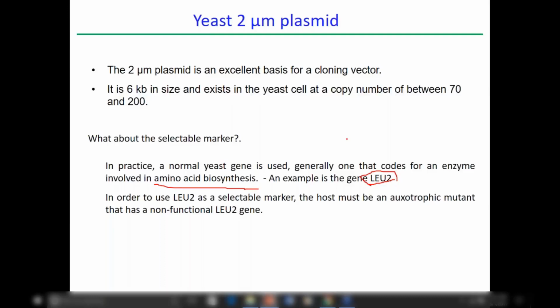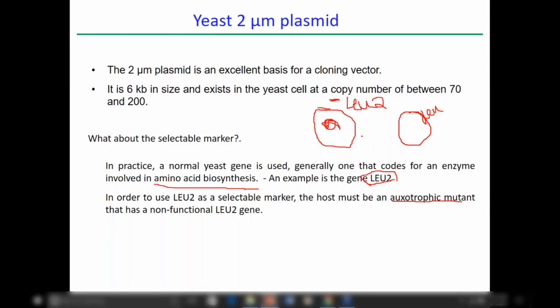So the basic idea is, from the yeast chromosome, they removed LEU2. After removing this gene, they inserted it into this 2 micrometer plasmid. So now this Saccharomyces became an auxotrophic mutant.